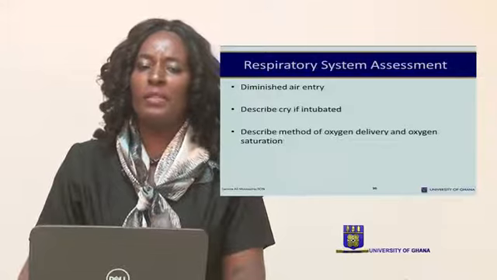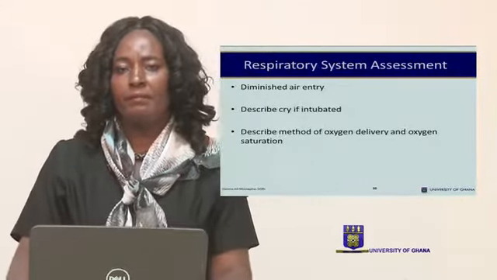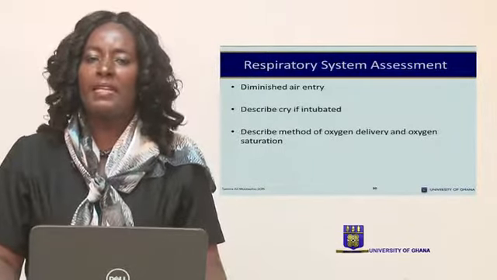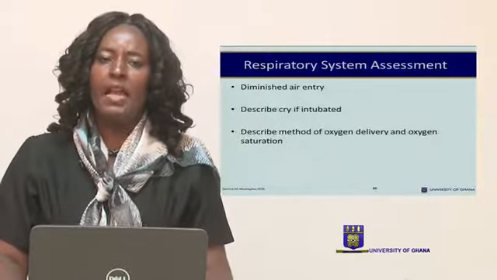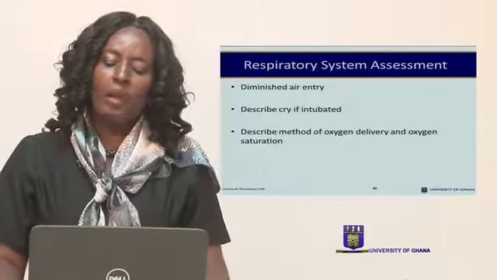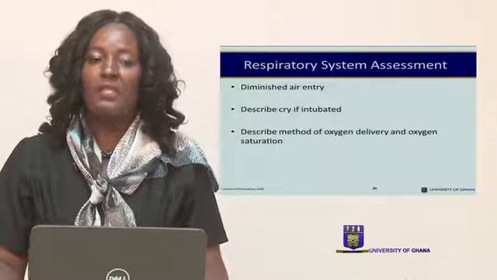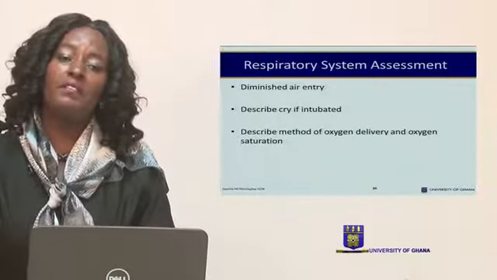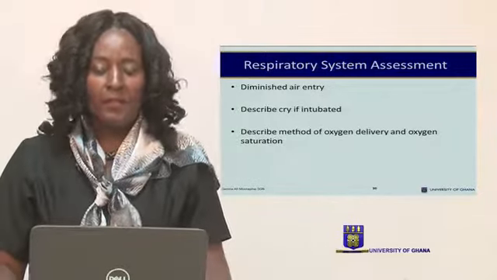So some indicators that show there is some problem is diminished air entry. So when you auscultate, you'll be able to elicit that there is some amount of diminished air entry, and you should also be able to describe the nature of the cry if the baby is not intubated, because if it's very, very weak, then the cry will be virtually very faint, and so it will tell you that the newborn is very ill.